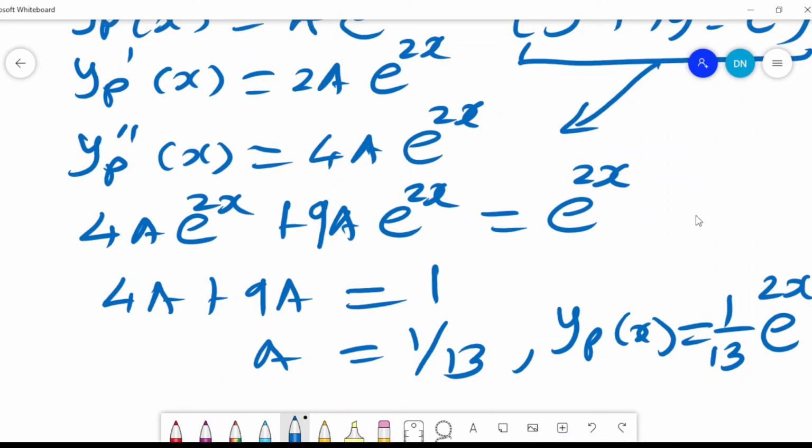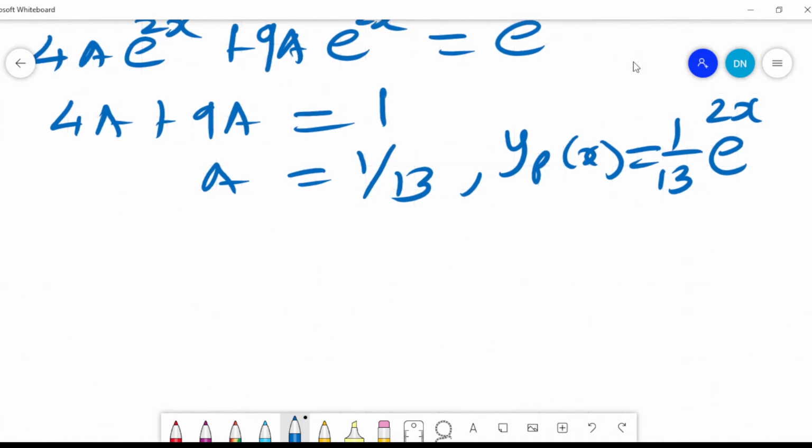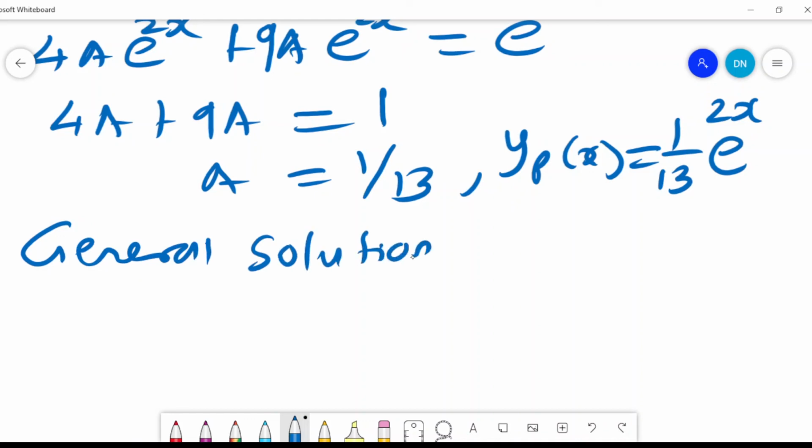With that, I'm in a position to conclude because I've gotten my particular solution. My general solution for this non-homogeneous equation, which I'll call y, is yc plus yp.